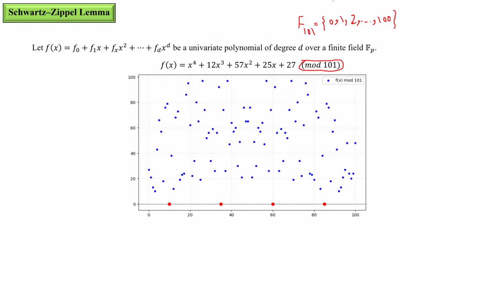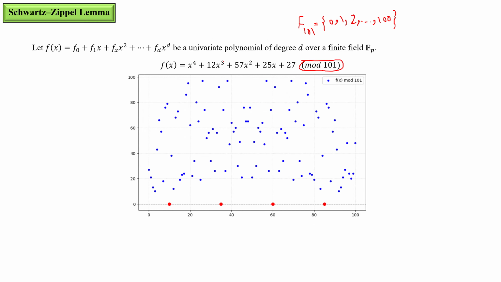So if you pick a value from this set, replace x by that value, compute f of x, and compute mod 101, you will reach these blue points.